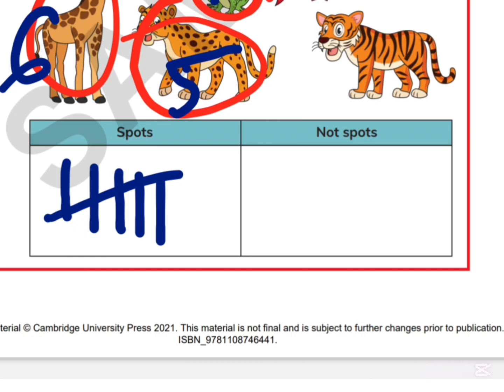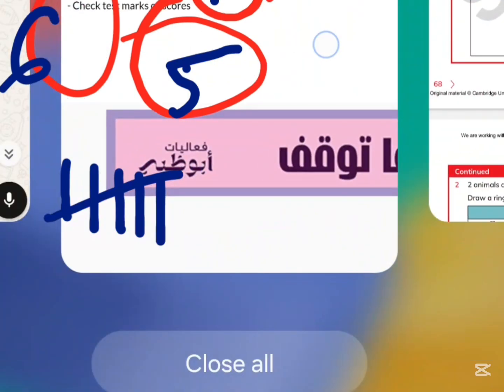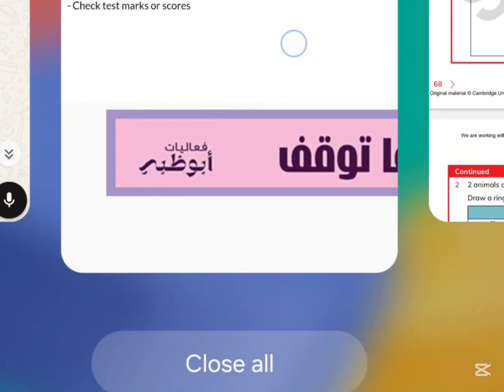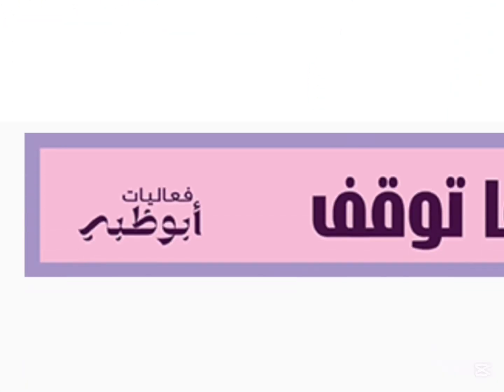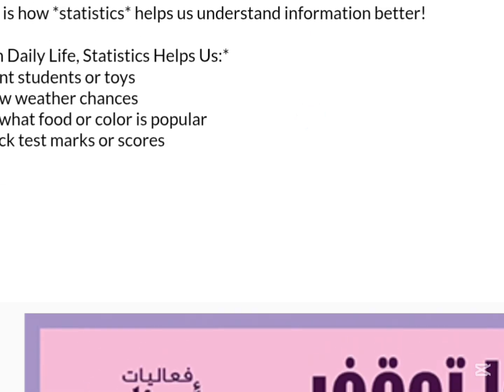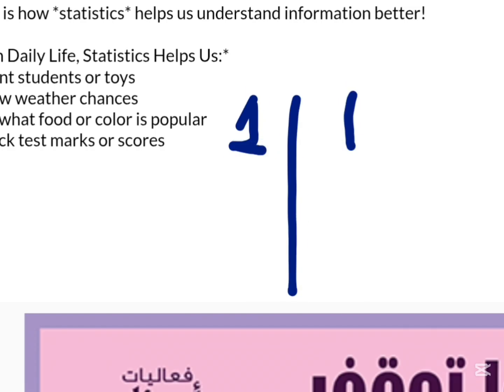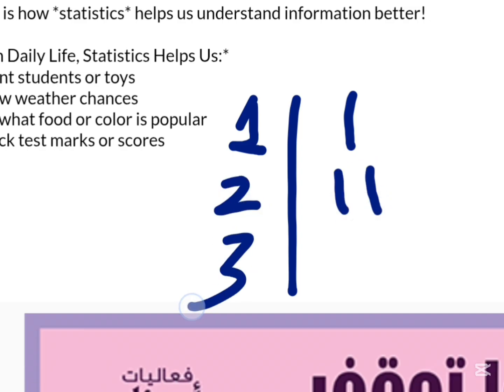In tally, what will we write? Okay, I will tell you here that we should write tally. For example, if I'm writing in tally, how will we write? 1, tally 1, 2 lines, 3 lines.